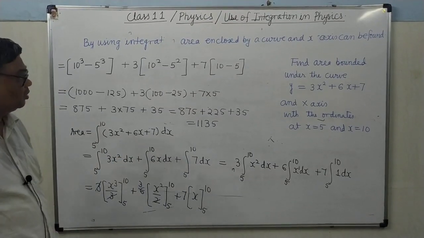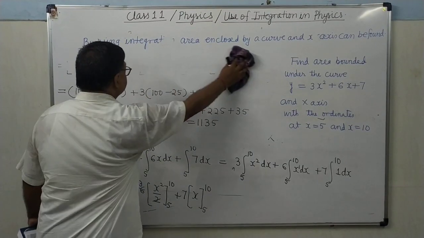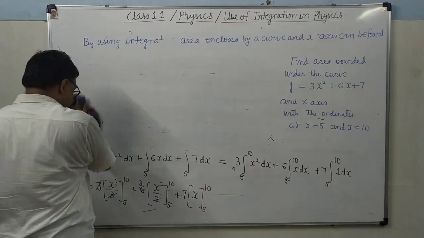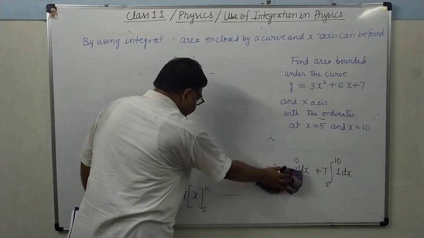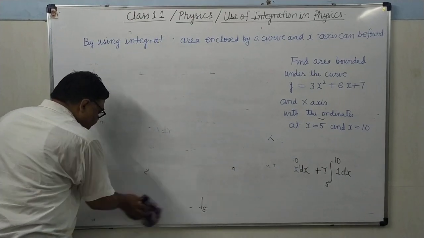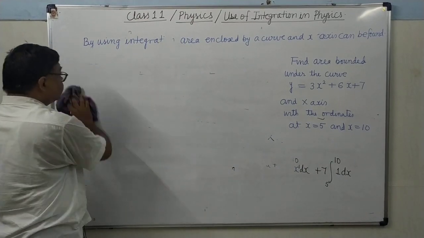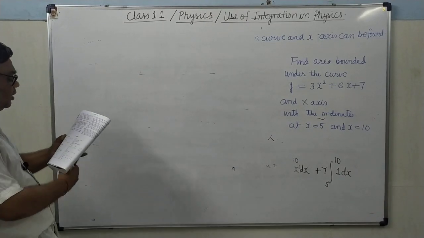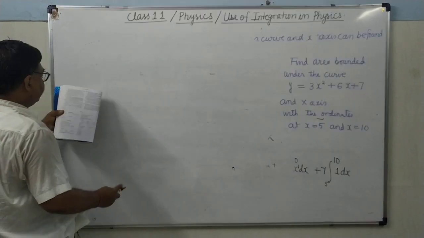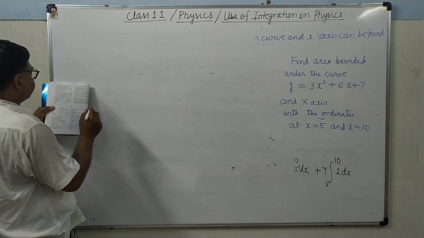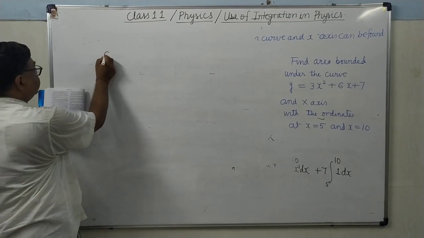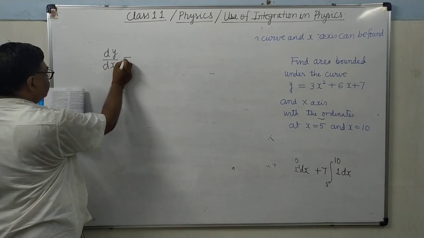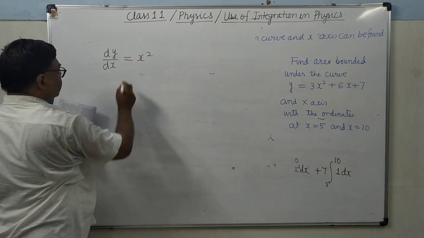Now see here. The question is: the change in a function y and independent variable x are related as dy upon dx equals x square.